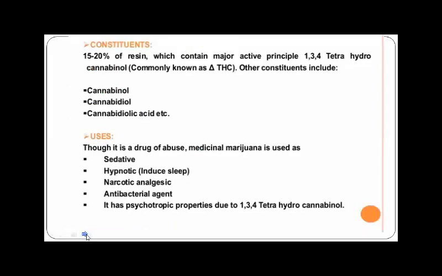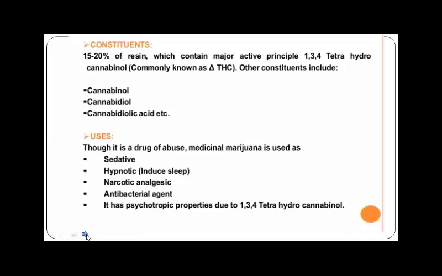The chemical constituents present include resin, which is 15 to 20%, and it has the major active principle, that is tetrahydrocannabinol, which is basically the hypnotic constituent. It also has cannabinol, cannabidiol, cannabidiolic acid, etc. And because of these chemical constituents, it is a drug of abuse.